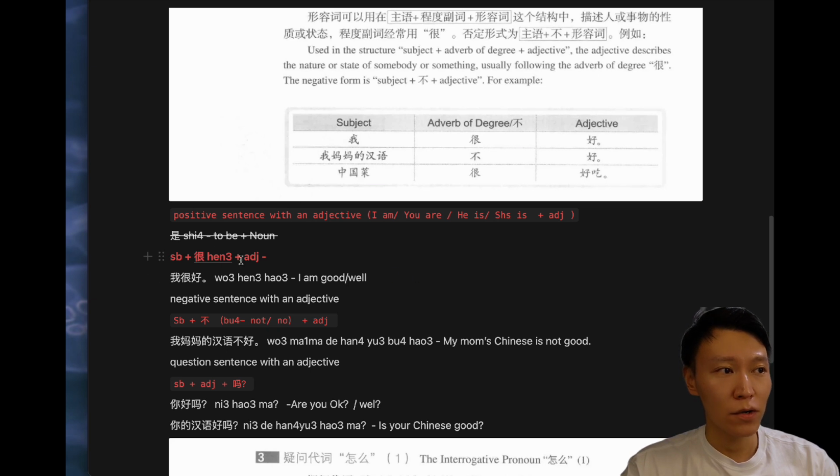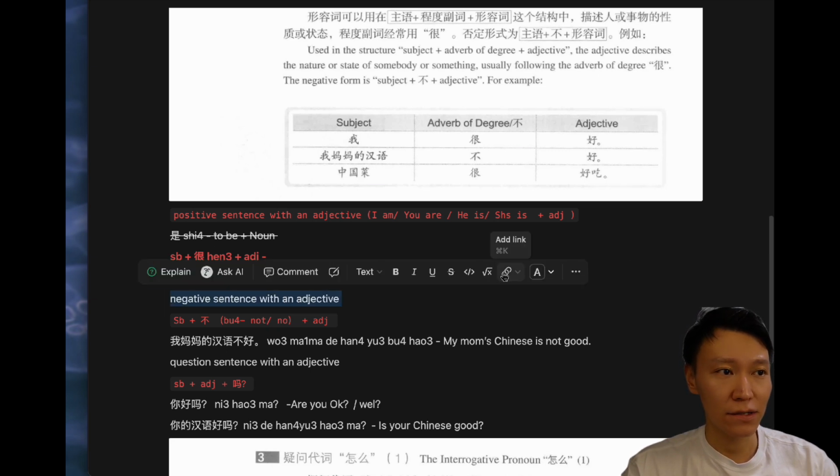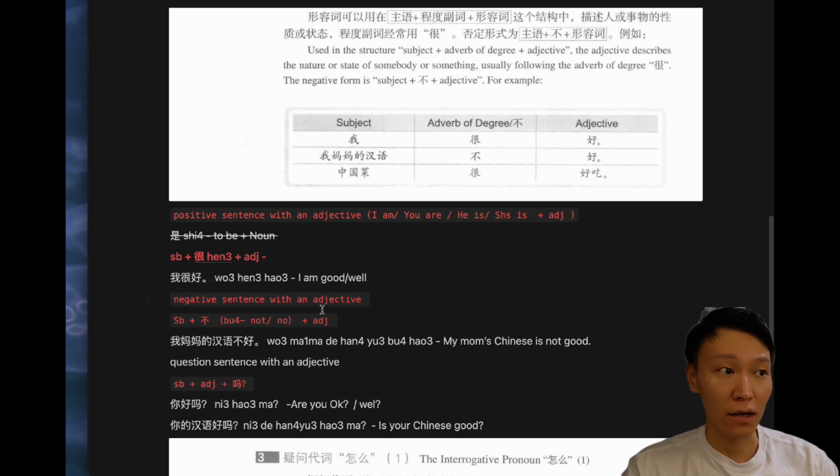But when it's a negative sentence, then we don't have to use 很. We just use 不 in front of the adjective. And when it's a question sentence, we don't use 很. We just add ma at the end of the sentence to form this yes or no question.